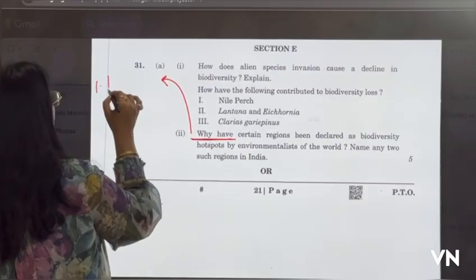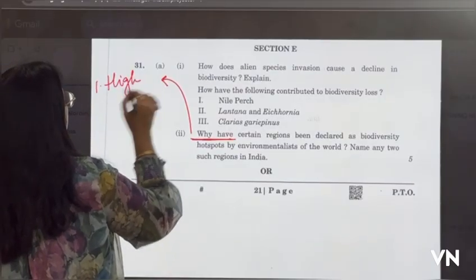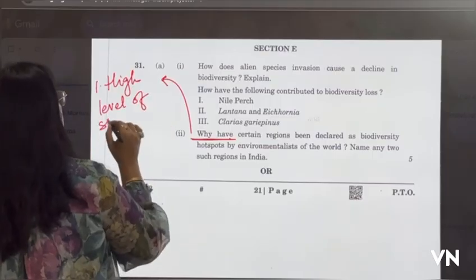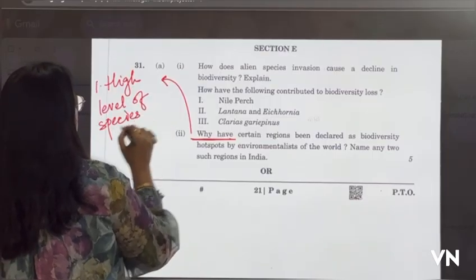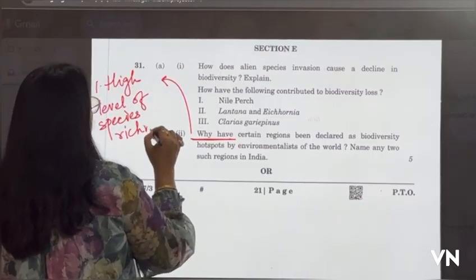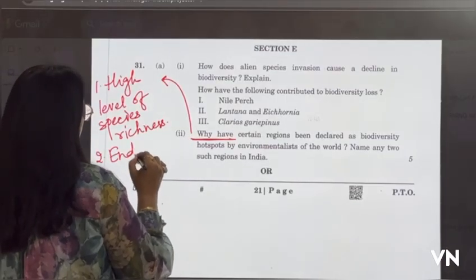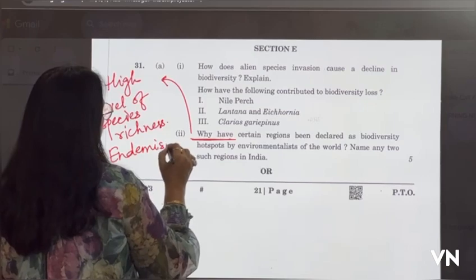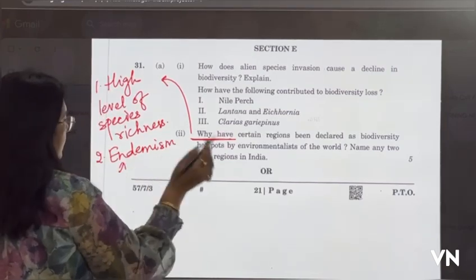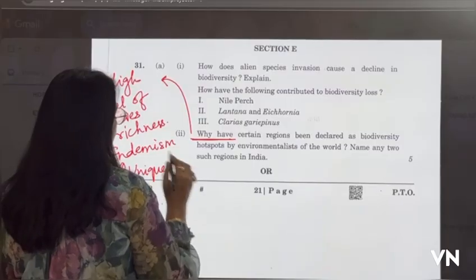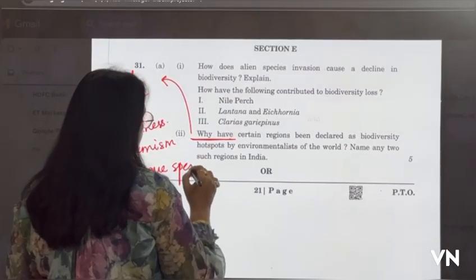Number 1, high level of species richness. And number 2, endemism. That is, unique species are found in these hotspots, and they are not found anywhere else.